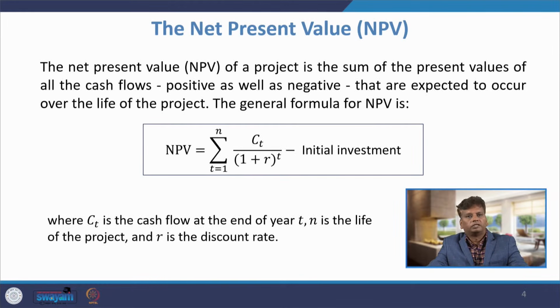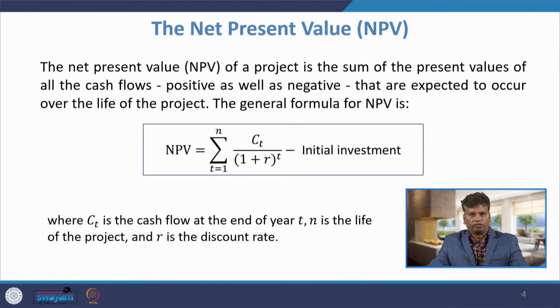As I explained previously, the net present value of a project is the sum of the present value of all the cash flows. Generally we use positive as well as negative: the cash inflows are taken as positive and cash outflows as negative, that are expected to occur over the life of the project.